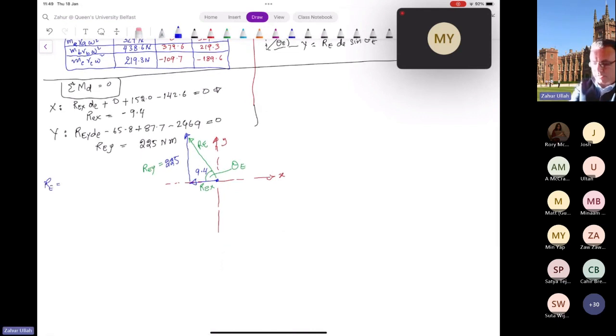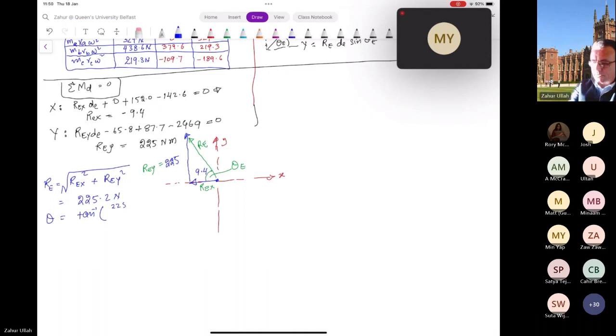So REX square plus REY square under the root. So you do this, and then you get RE from here, which is 225.2 Newton.